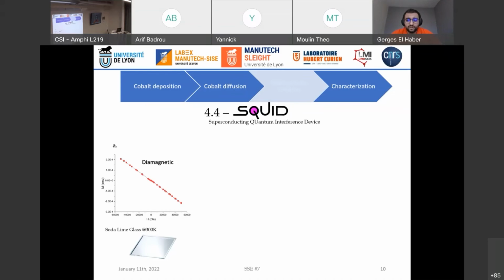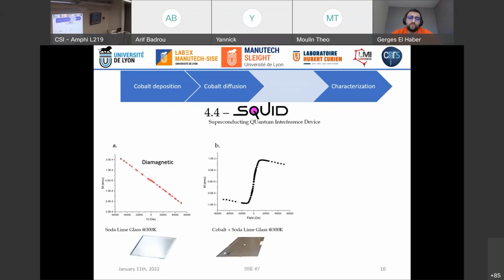Then we measure in figure B the glass covered with cobalt, and we can observe a ferromagnetic hysteresis loop that saturates above 20,000 Oersted, confirming that this cobalt is metallic, and in the literature we know that cobalt is ferromagnetic. As well, we can see the signature of glass, which is diamagnetic, and we remove it in figure C, and we can see clearly the ferromagnetic behavior of cobalt.